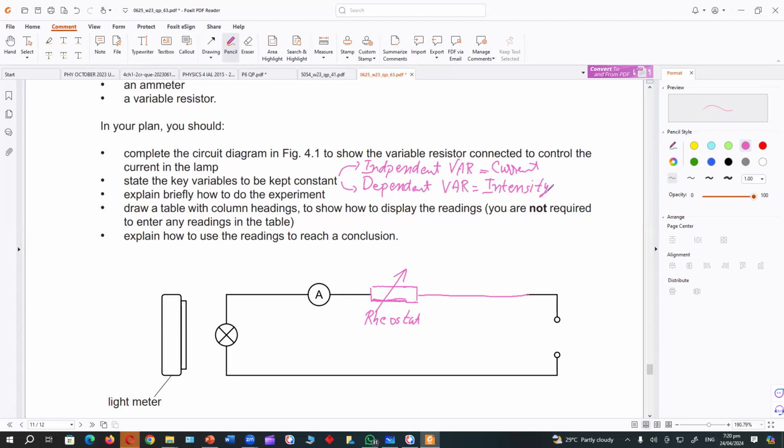If I put resistance at maximum, my current would be minimum and brightness would be minimum. So first I will isolate it from the room brightness and then I will start from high resistance.